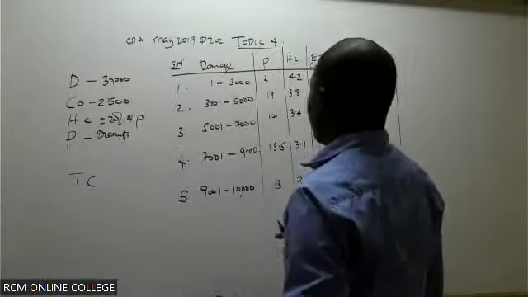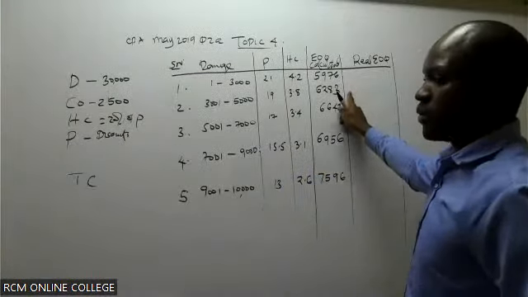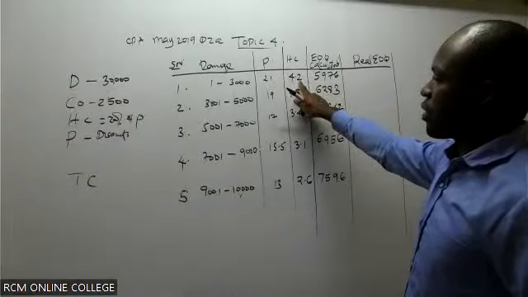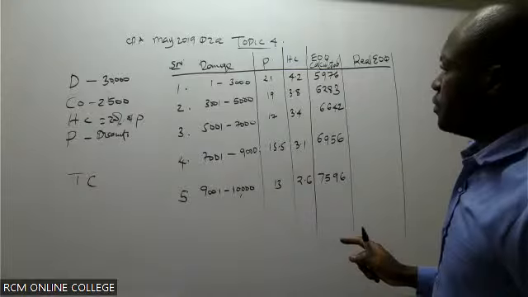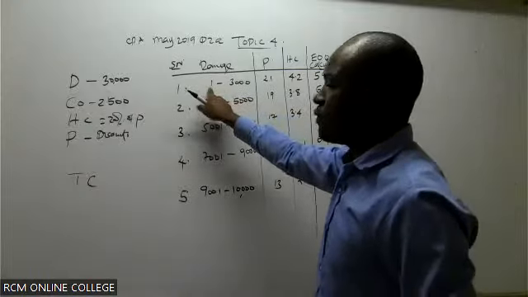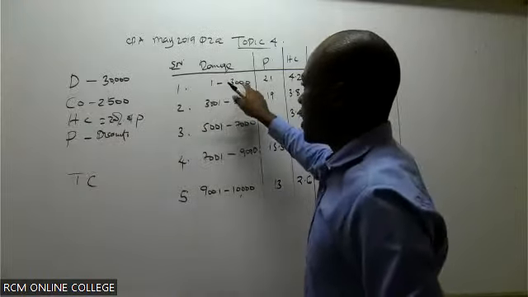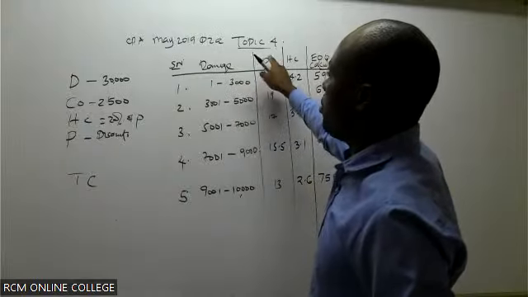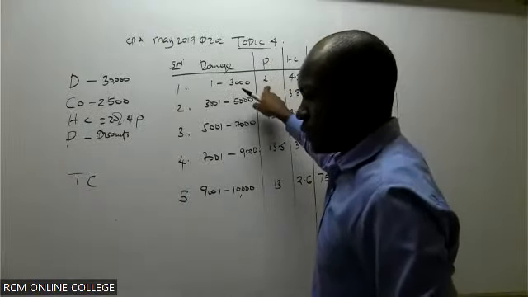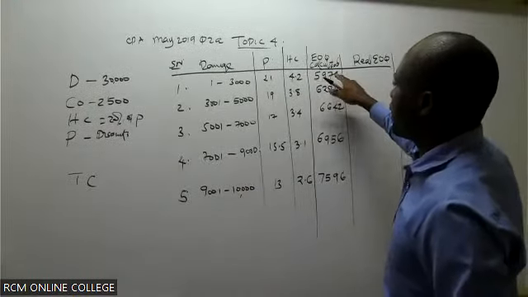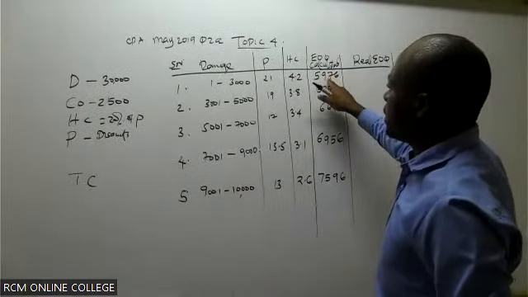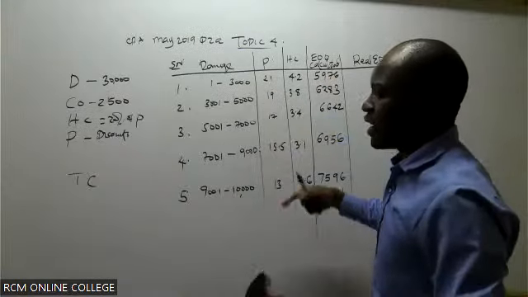Good. Now, if you come to our question here, the first part, if you purchase goods that is ranging from 1 to 3,000, then your purchase price will be 21, and economic order quantity is 59.76. Is 59.76 below or above the range?